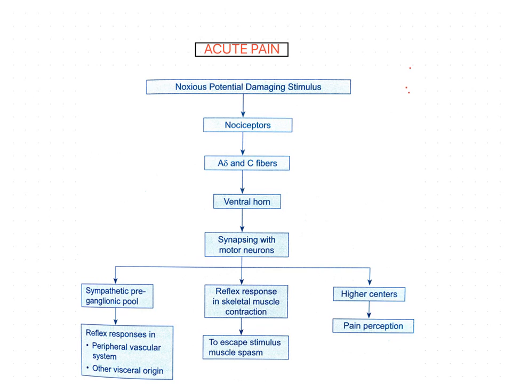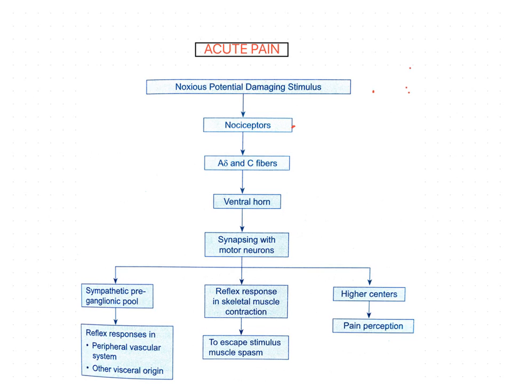How it takes place, we will see here in this flow chart. For example, any noxious potential damaging stimulus causes stimulation of the nociceptors. If your tissue is damaged, some chemicals are produced. Those chemicals are recognized by the nociceptors, and this is carried by A delta and C fibers, which enter the dorsal horn.